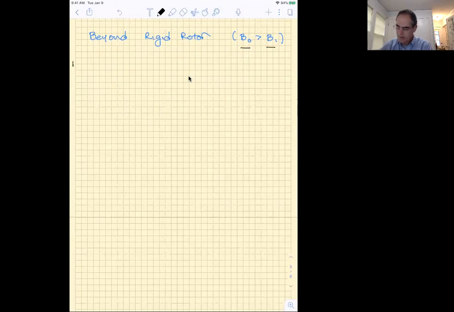So for the R branch transition, we had before h f equal to h bar omega naught plus (j plus 1) times B1 minus j times B0.